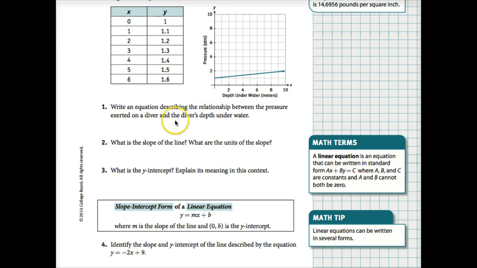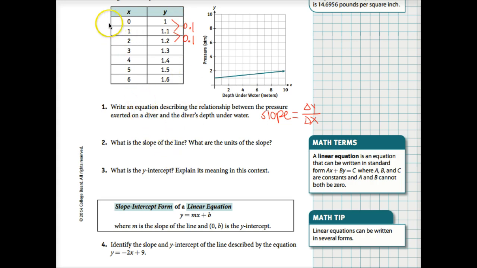So it's probably easiest to do that from the table here. Remember that the slope is our constant rate of change, which is our delta y over delta x. If I look at my change in y here, 1.1 minus 1 is 0.1. 1.2 minus 1.1, also 0.1. And if you look at all the others, it's the same thing as we go all the way down.